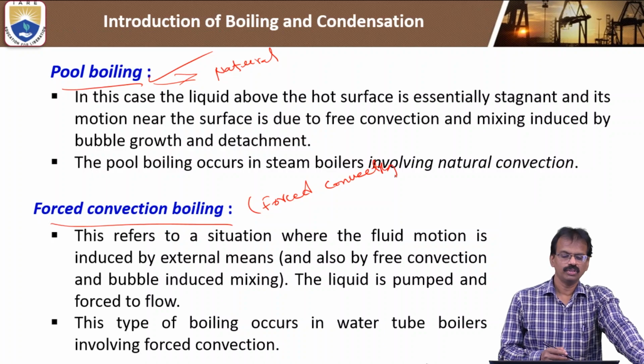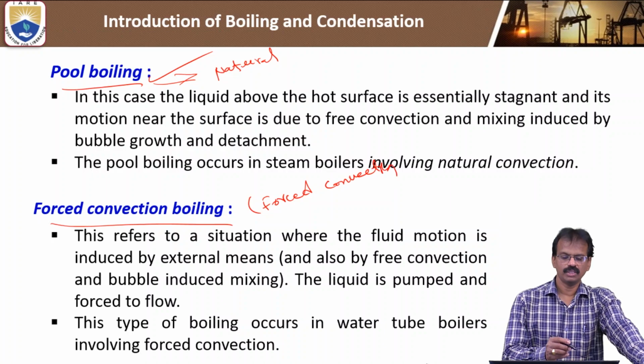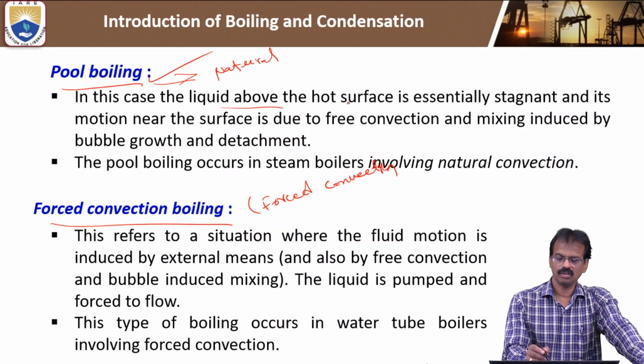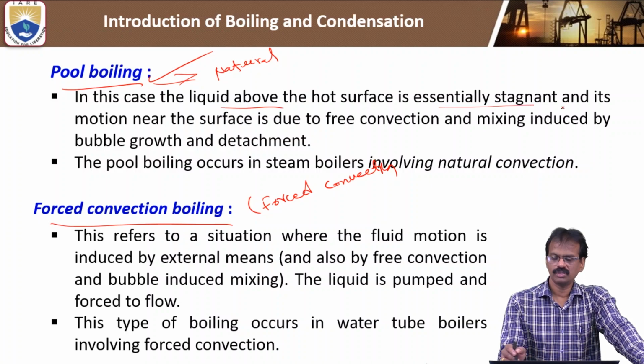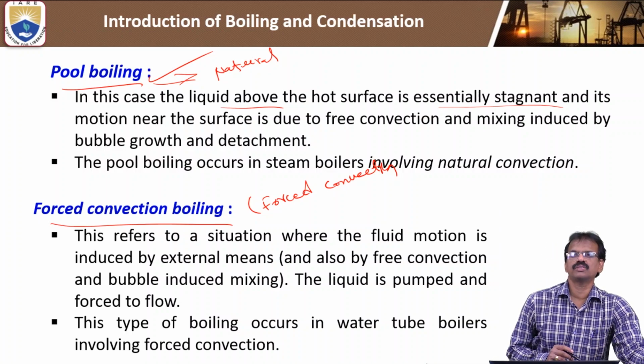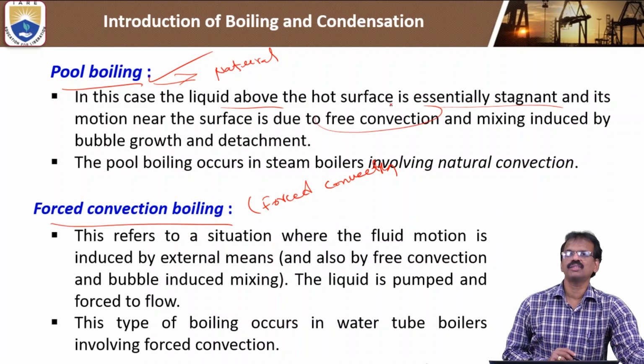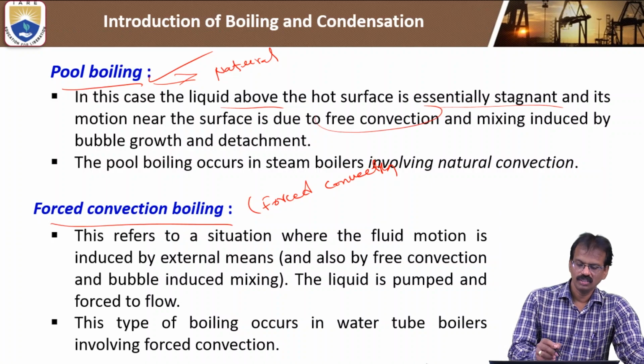Okay. So we'll see first of all pool boiling. In this case, the liquid above the hot surface is essentially stagnant, and its motion near the surface is due to natural convection and mixing induced by bubble growth and detachment. Okay.